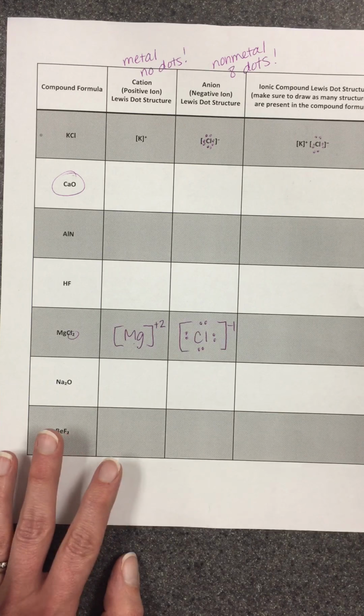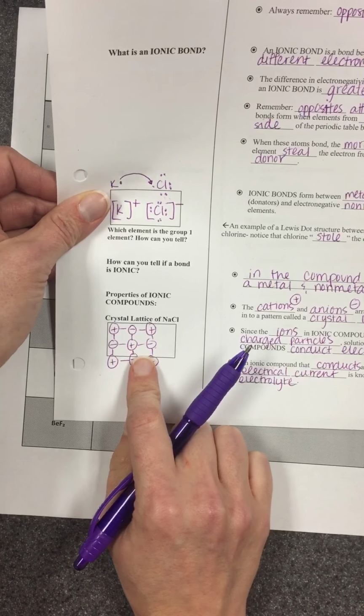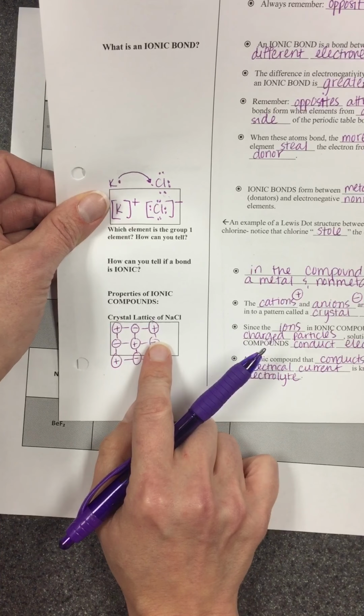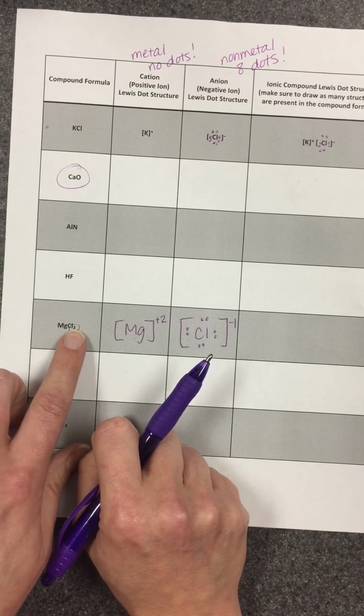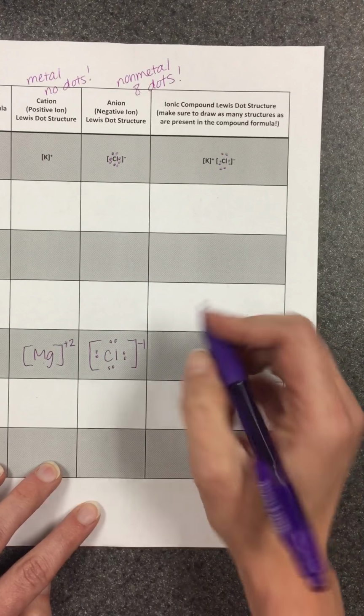So if we think about the crystal lattice structure that we drew in the notes, we have to make sure that we're alternating charge. It's either going to be positive, negative, positive, or negative, positive, negative, but we need to alternate. In this case, since we're going to have 2 chlorines, I'm going to alternate negative, positive, negative.